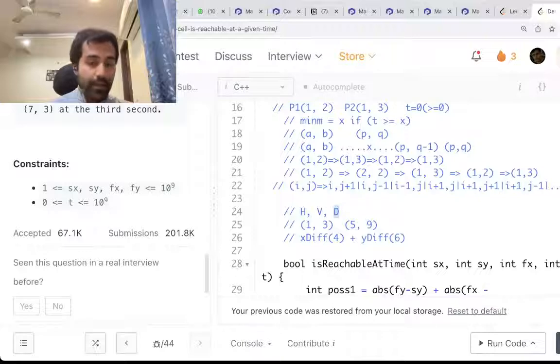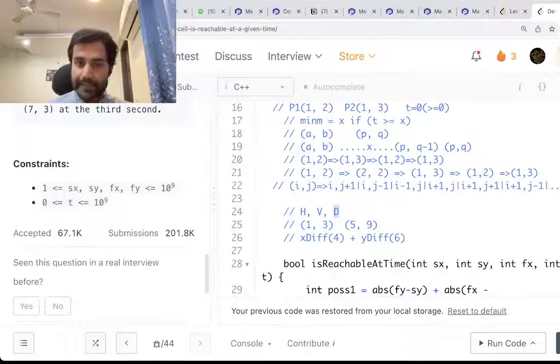Okay. Now that we know that diagonal movements are preferred, can you imagine a point (1, 3) somewhere on your Cartesian plane, and you have to reach (5, 9)? Now, how long can you move diagonally? There are two options.